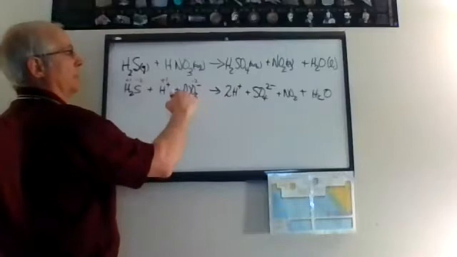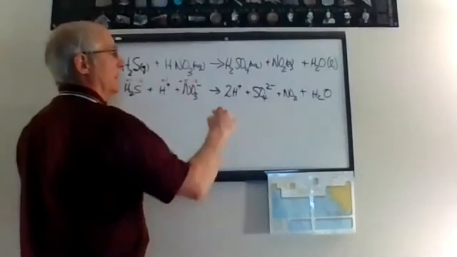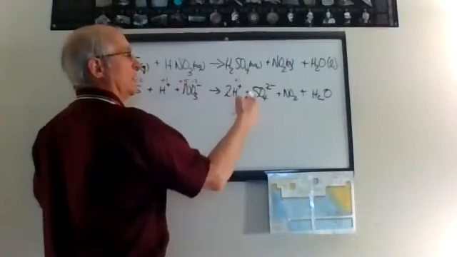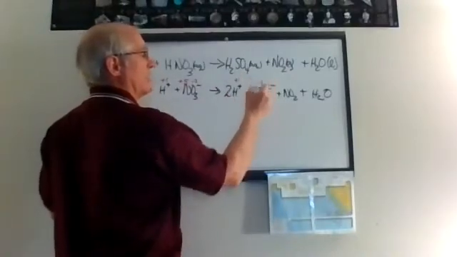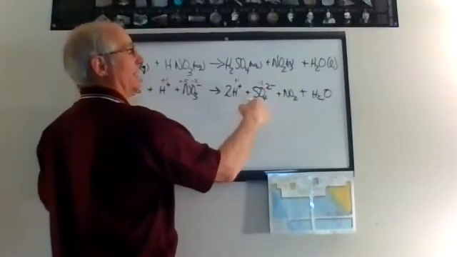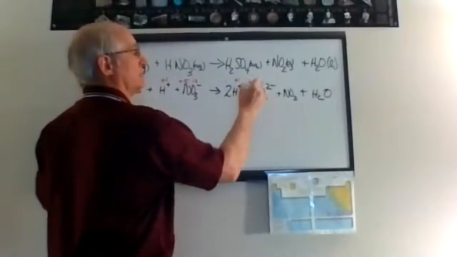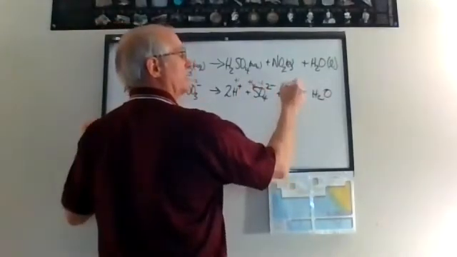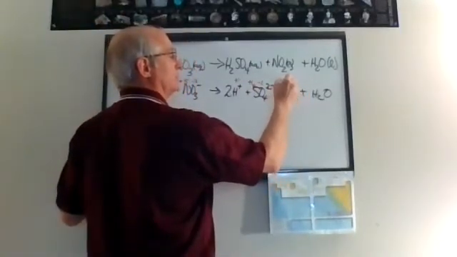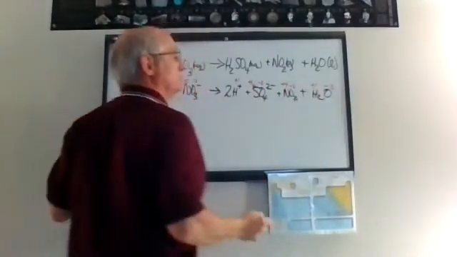So -6 plus what number is 5. Gives you a -1. And this is going to be +1, the hydrogen. The sulfur, let's see, this is -2 for oxygen. There's 4 of them, so that's -8. What number added to -8 gives you -2? +6. This is -2. And so that's -4, so that's +4. And this is -2, that's +1.